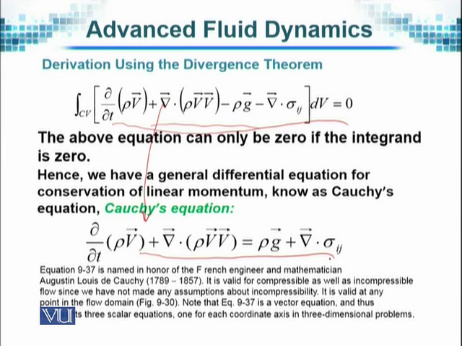And it so happens that we can arrive at this result in many ways. This result that we have obtained is by using Gauss's divergence theorem, in which surface and volume integrals are related and help us to generate this equation.